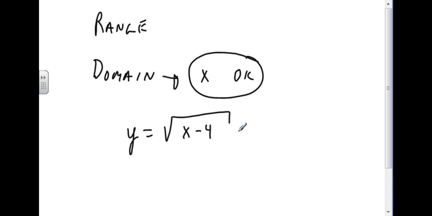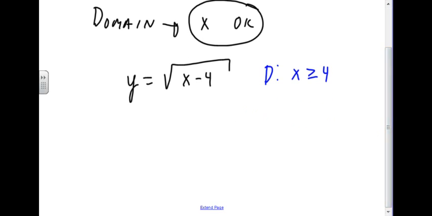What's the domain? Well, the domain would be everything that I can use. So x has to be greater than or equal to 4, because if x is less than 4, then this becomes a negative number, and I take the square root of a negative number, and it's not until chapter 14 that I can take the square root of a negative number, which I can't do yet because I'm in chapter 4. Does that make any sense?